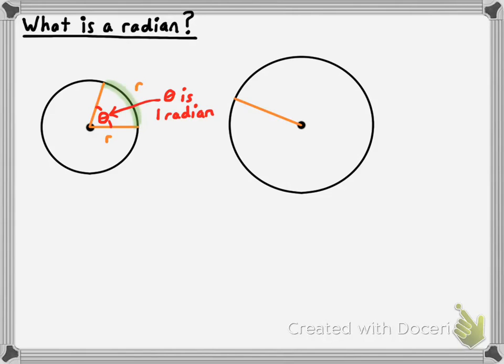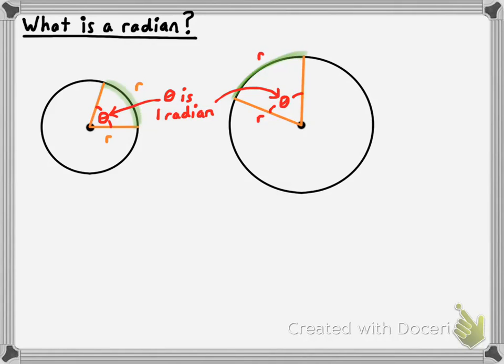So, again, I drew a different size radius in this circle because the circle is a different size. Let's say that that arc right there is equal in length to the radius. Well, then this angle from here to here would be 1 radian wide, so to speak. Okay, so that's what a radian is.